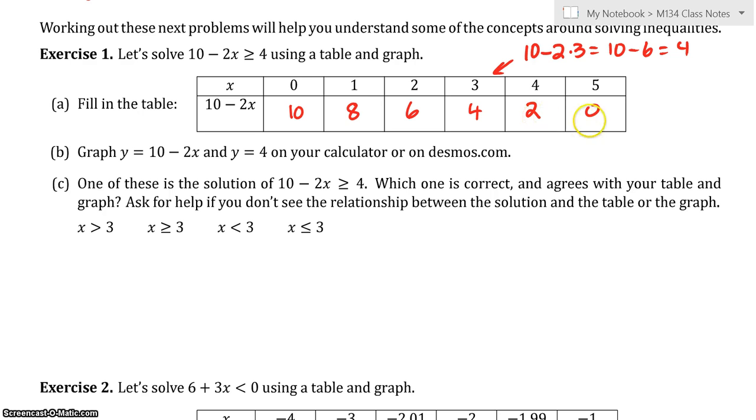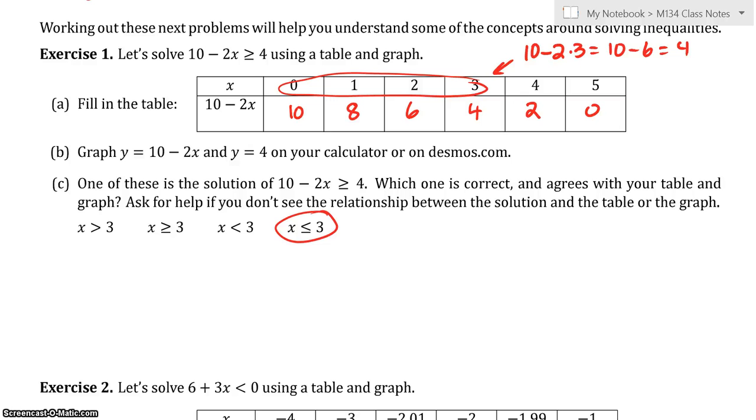Oh, but then it switches, doesn't it? So it looks like all the values that are less than or equal to 3. So that is the idea of this expression.